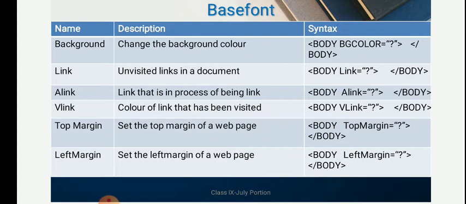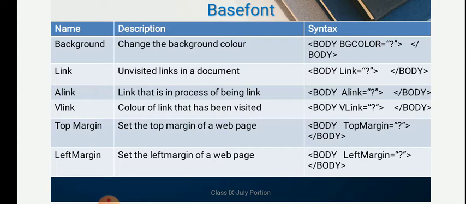Then link. For link we have three, like alink, vlink. Link is basically for unvisited links in a document. If you have noticed when browsing in Google or your browser, the links you have already visited appear in a purplish shade of blue and those not visited appear in blue. So that is active link, visited link.